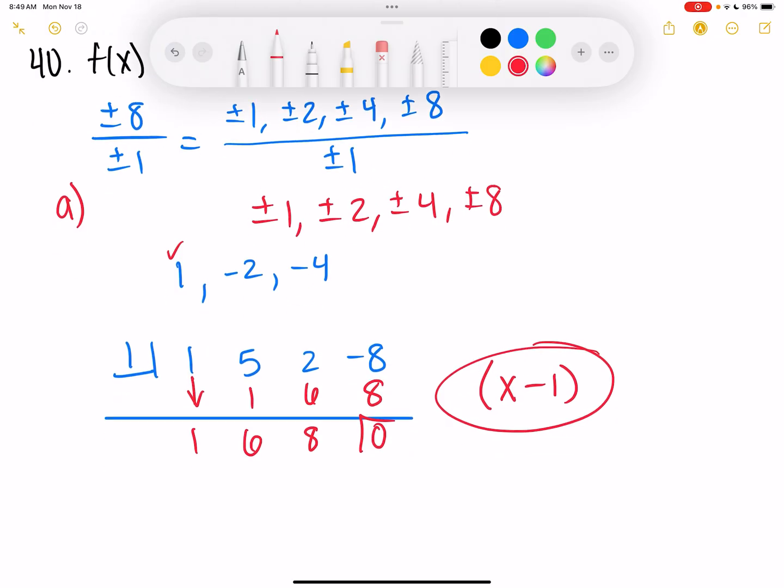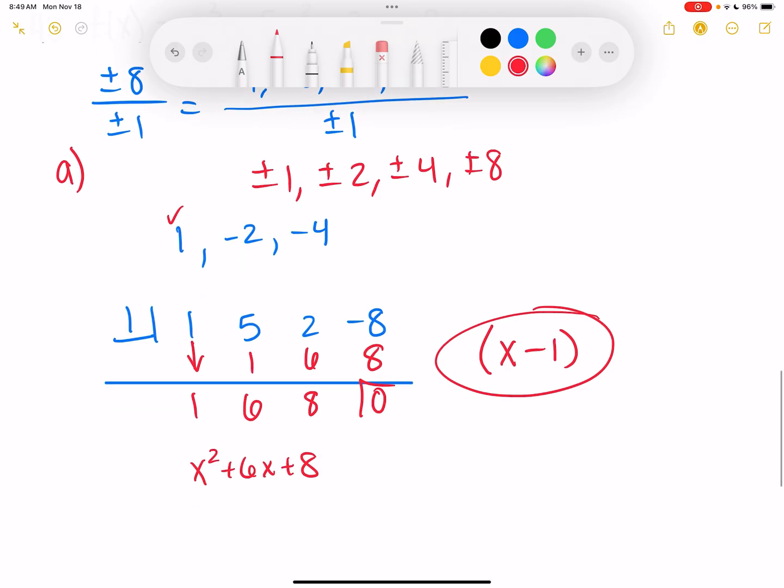Now, at this point, I'm left with x squared plus 6x plus 8. You can factor that, right? What would that factor into if you did that? 4 and 2. So x plus 4 and x plus 2.